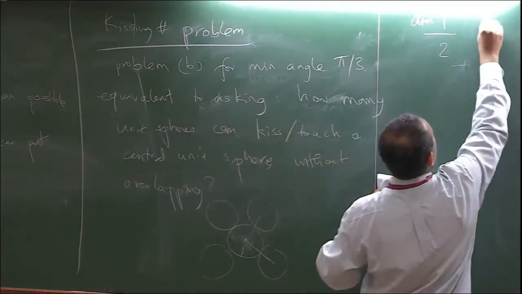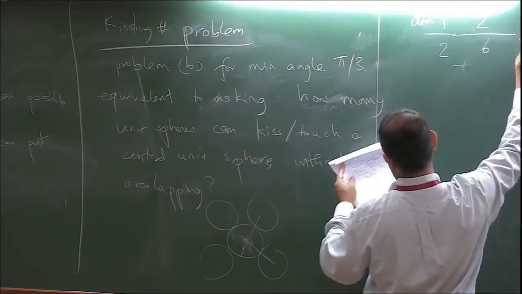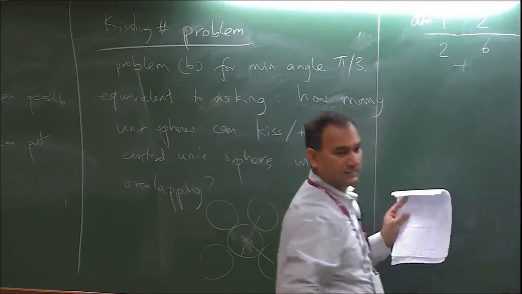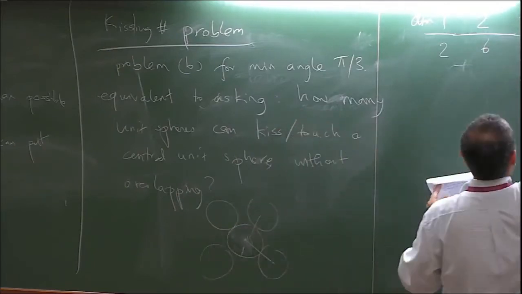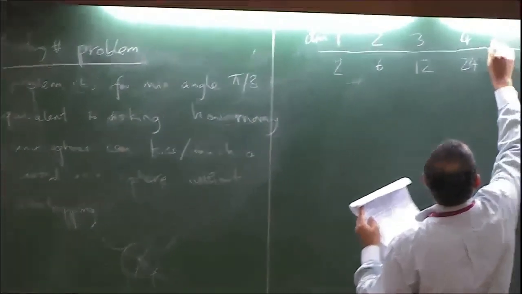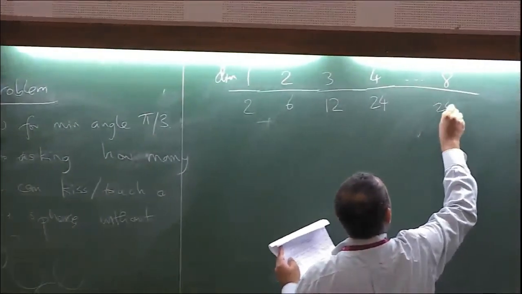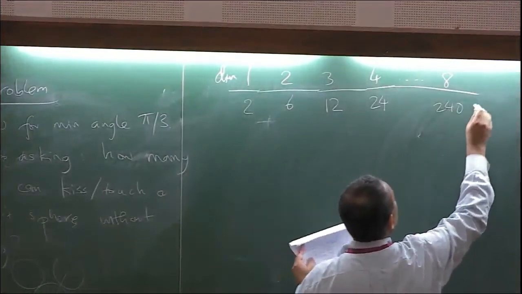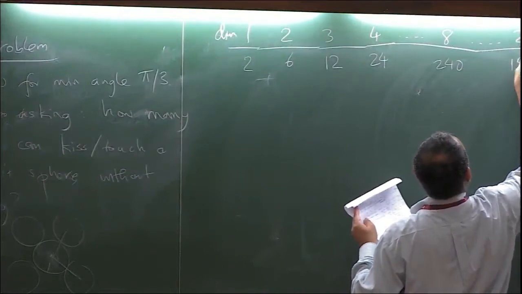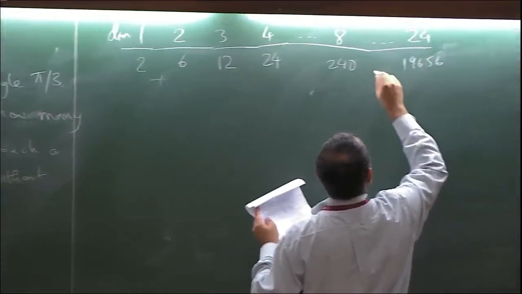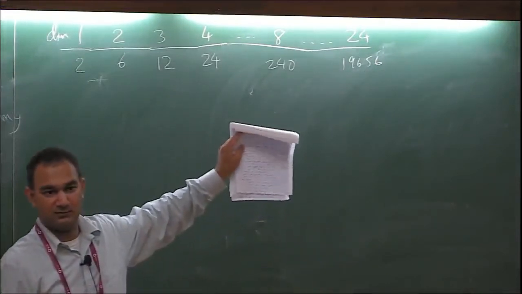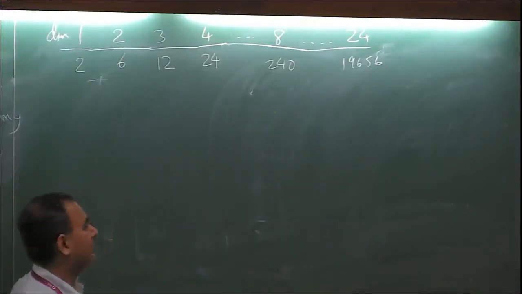In dimension 2 it's 6, again obvious by angles. In dimension 3, the answer is 12, which is non-obvious. In dimension 4, the answer is 24, again non-obvious. Then we don't know any answers until 8, where it's 240, an example we'll get to eventually. And in dimension 24, it's 196,560. That's all we know so far in terms of provable numbers.